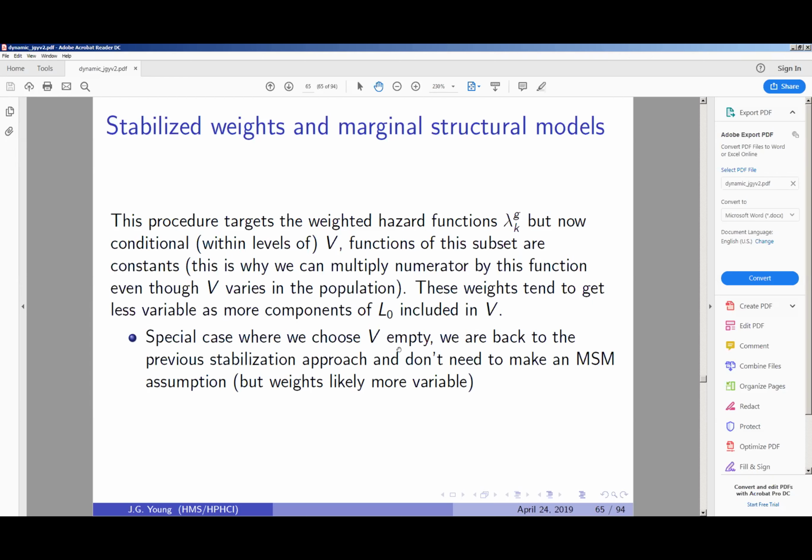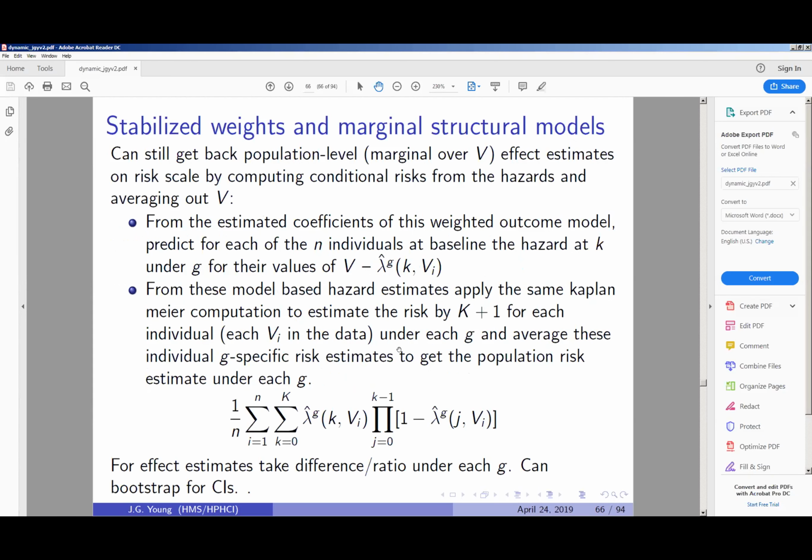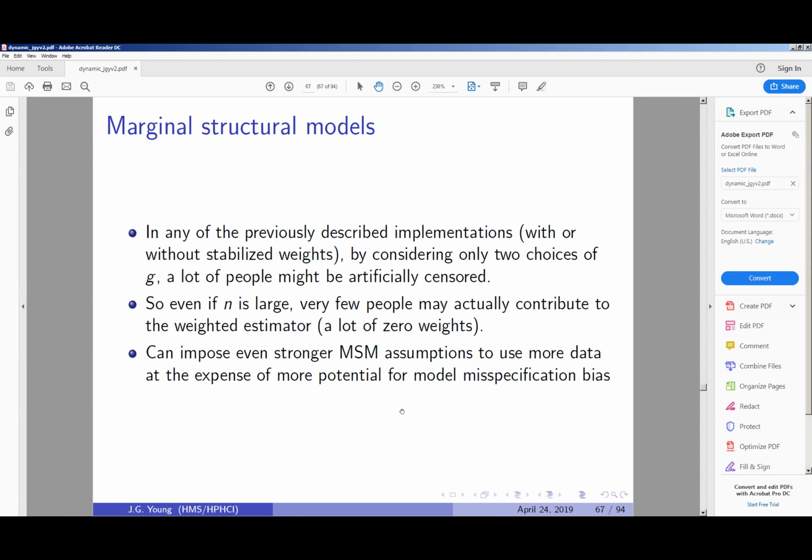We're back in the previous simple stabilization approach and we don't need to make an MSM assumption, but again, the weights are likely not going to be helped all that much. In the interest of time, I'm not going to go through this much, you can look at this on your own, but this is just adapting the algorithm to these other stabilized weights.